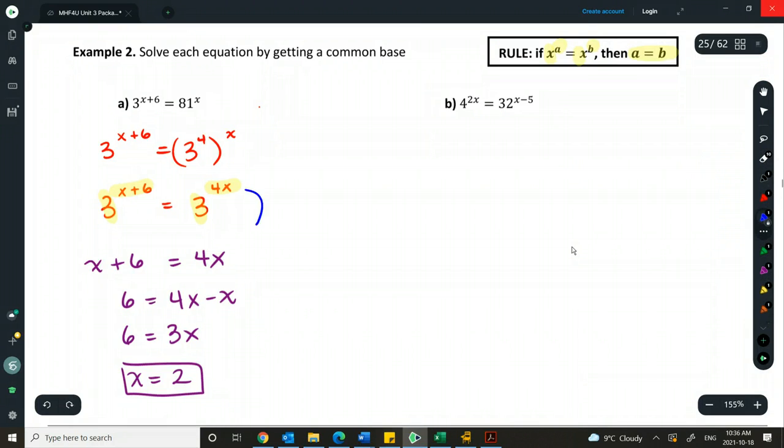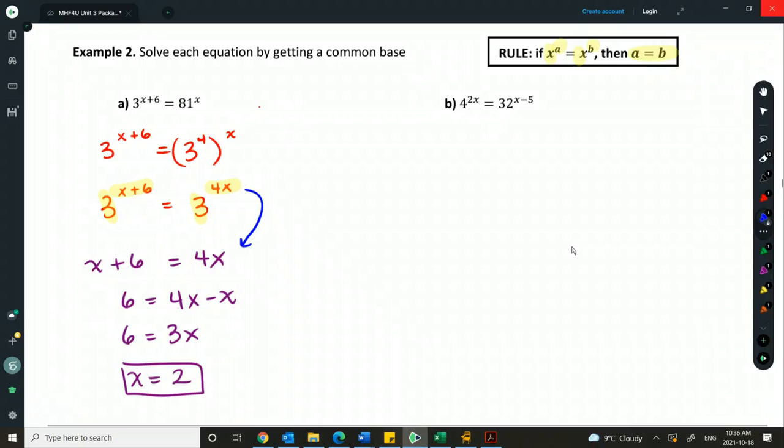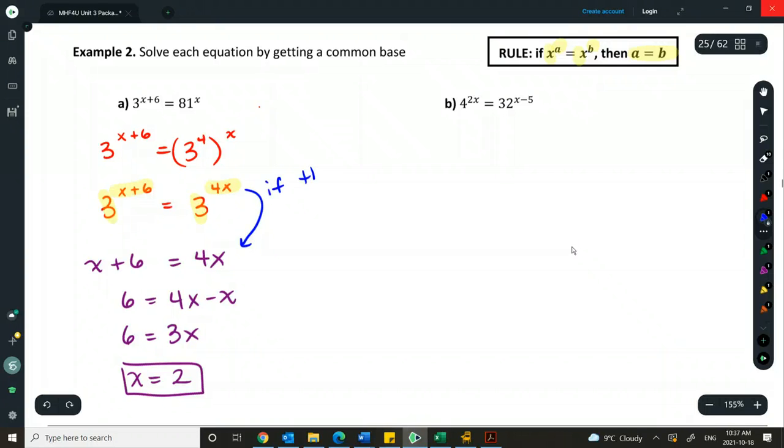So I'm not just ignoring the 3's, guys. Sometimes I have students ask me questions about this, and they'll say, so we just get rid of the 3's, right? Kind of, but not really. We're basically just using logic to say that if 3 to the something equals 3 to the something else, the somethings must be equal. Okay, so if the bases are the same, the exponents must be equal.